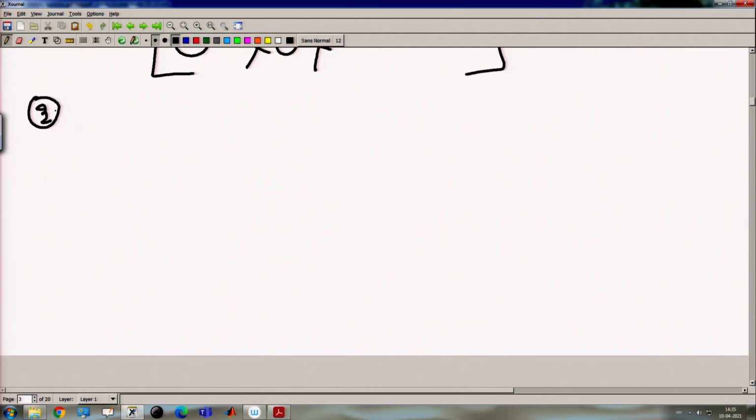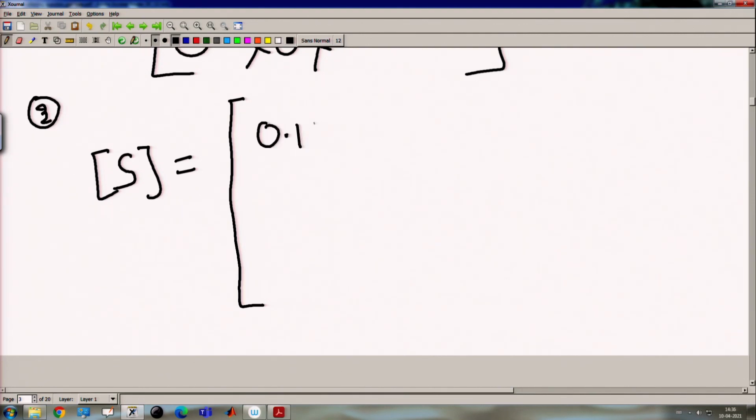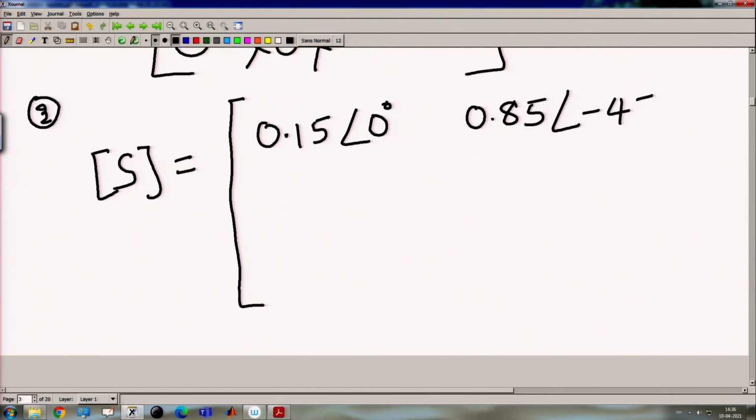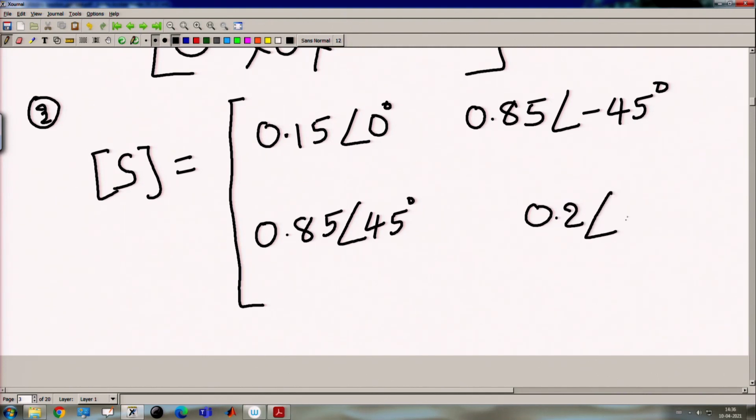Here the angles are given: S11 is 0.15 at 0 degree, S12 is 0.85 at minus 45 degree, S21 is 0.85 at 45 degree, and S22 is 0.2 at 0 degree.